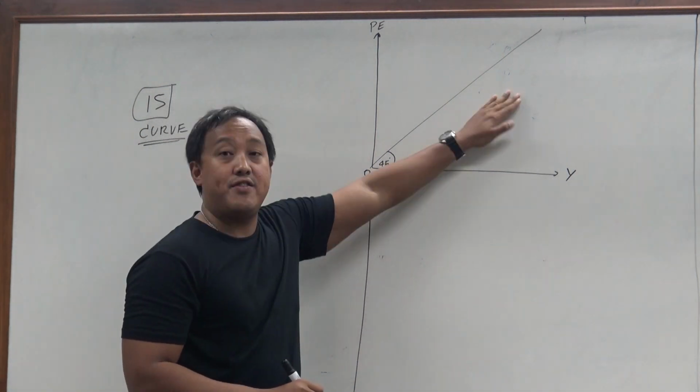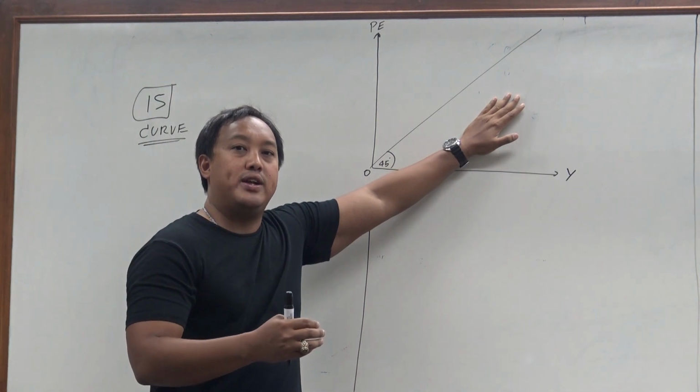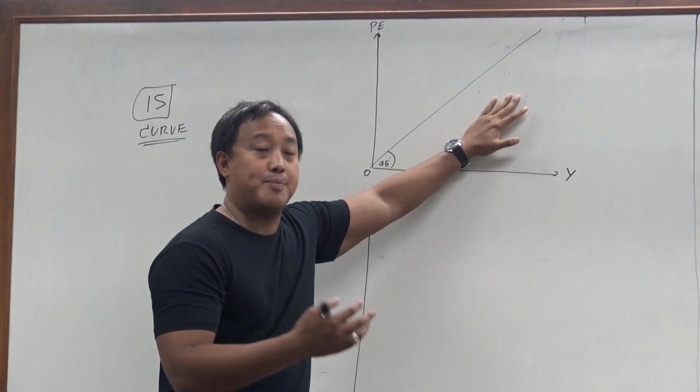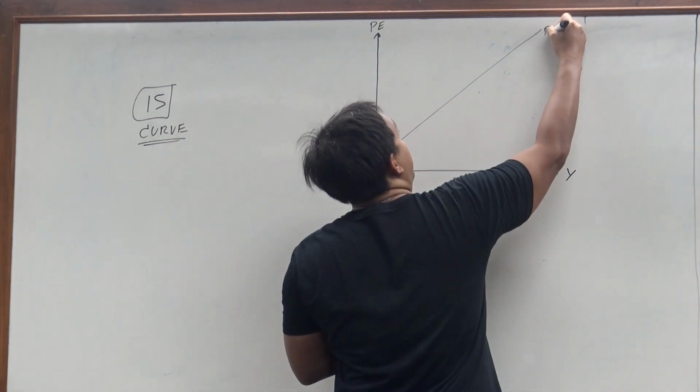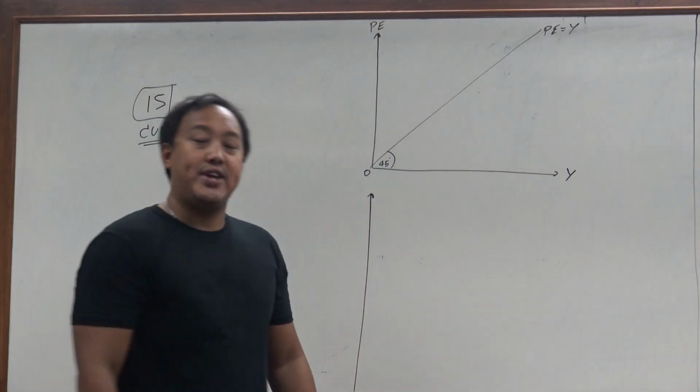Each point on the 45-degree line represents total output equal to total expenditure, demand equal to supply. Planned expenditure equals Y on every point of the 45-degree line.